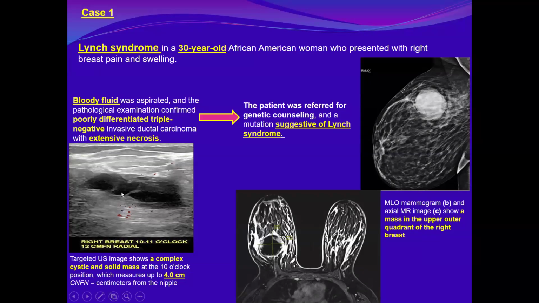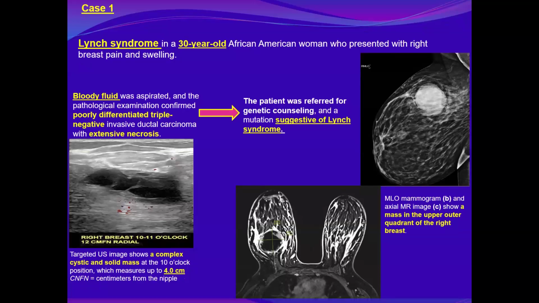On MRI it demonstrates irregular rim enhancement, and the bloody fluid aspirated from the ultrasound lesion proved to be poorly differentiated triple negative invasive ductal carcinoma with extensive necrosis. The patient was referred to genetic counseling, and a mutation suggestive of Lynch syndrome was found.